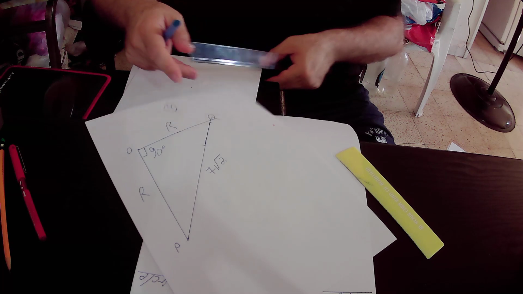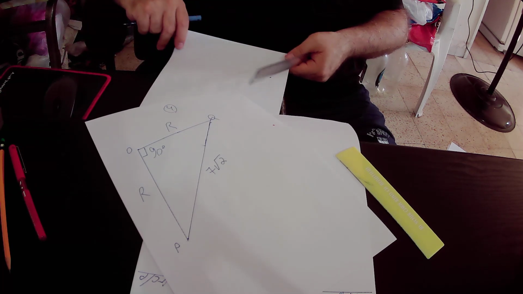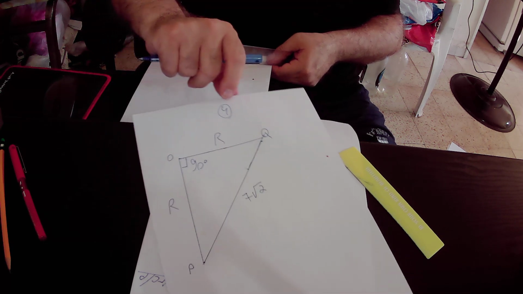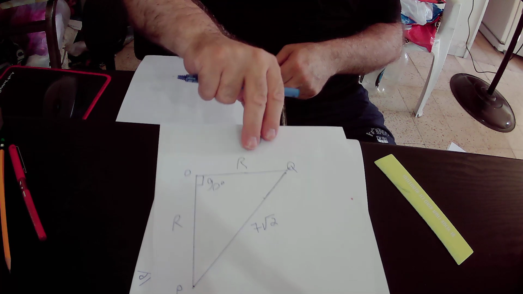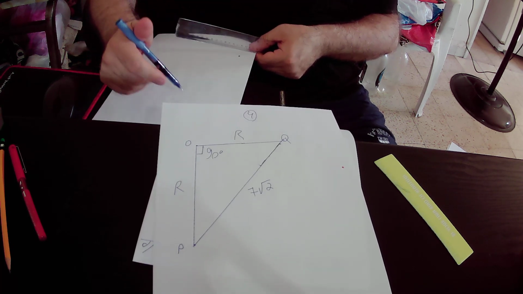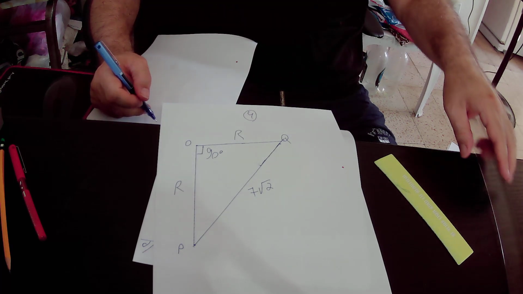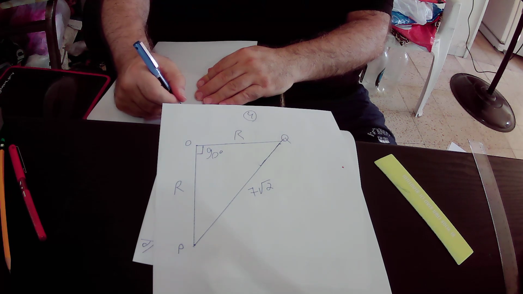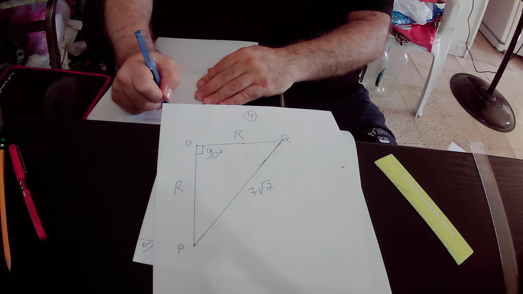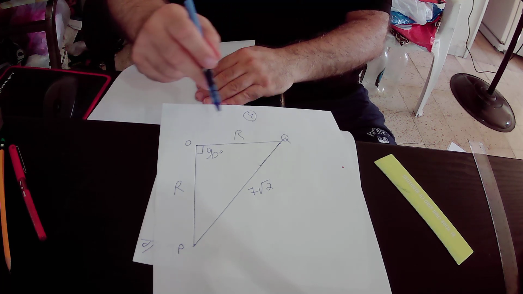So actually here in this right triangle the square of the hypotenuse, that is to say PQ square, equals the sum of the squares of the perpendiculars.